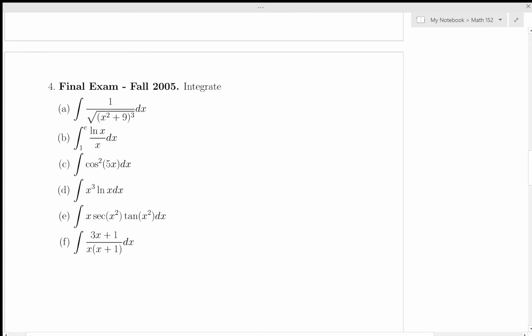We see the square root of x squared plus something. There's a cube there, but we're not going to let that bother us. So what we need to do here is a trigonometric substitution. Whenever I see the square root of x squared plus something or x squared minus something, I immediately think trigonometric substitution.